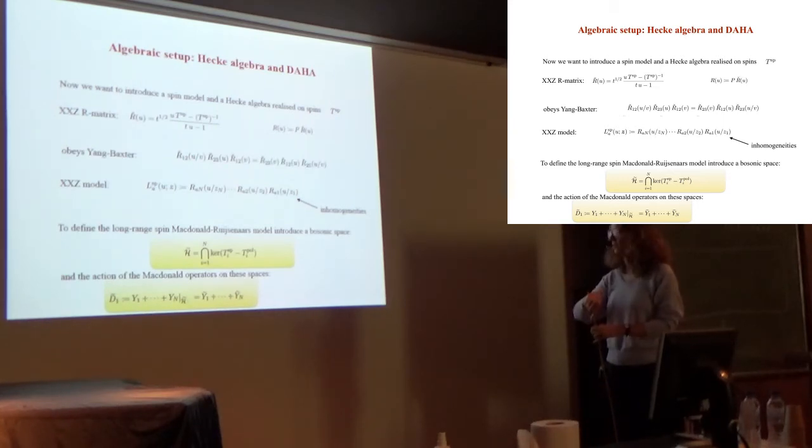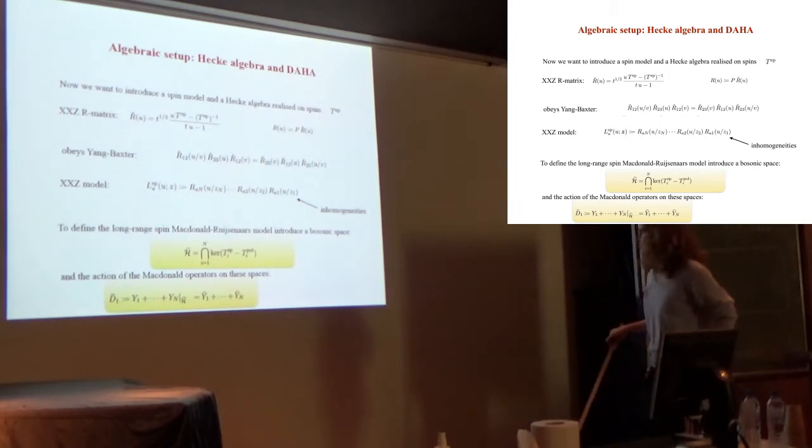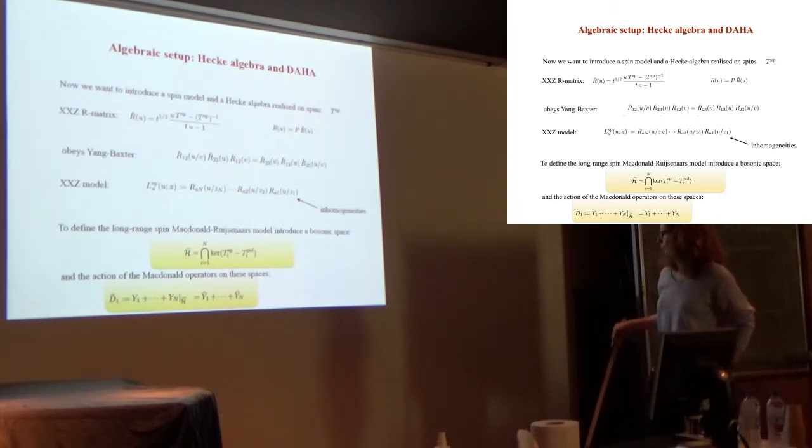So you can say that it's a kind of bosonic space which is symmetric with respect to the permutation of spins and coordinates. A simultaneous permutation of spin and coordinates.